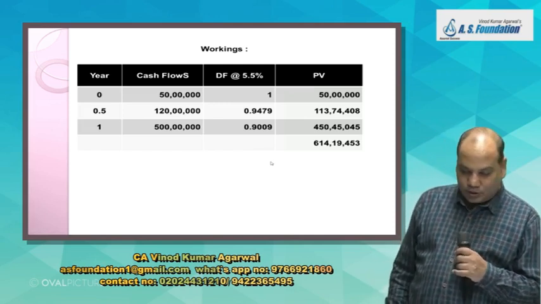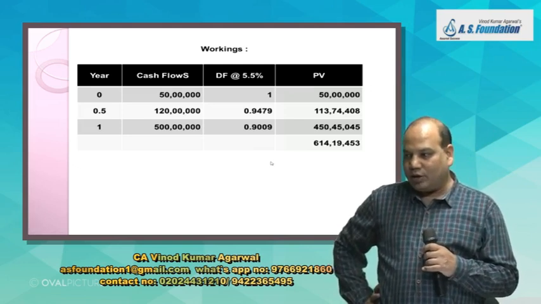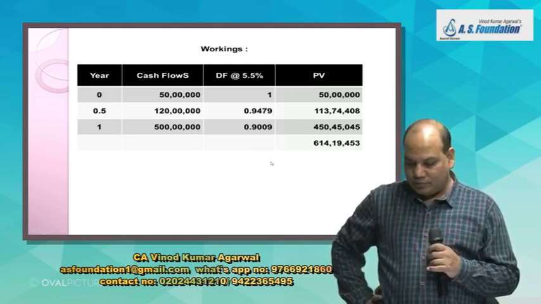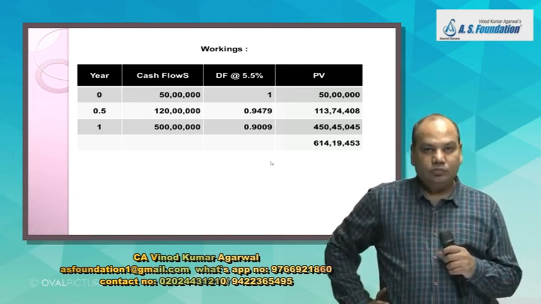First write down step 1, calculation of cash price. Step 1 heading, calculation of cash price. Year, cash flow.